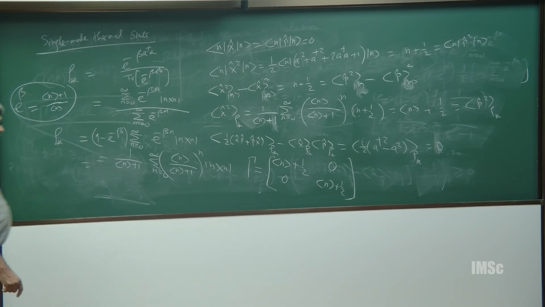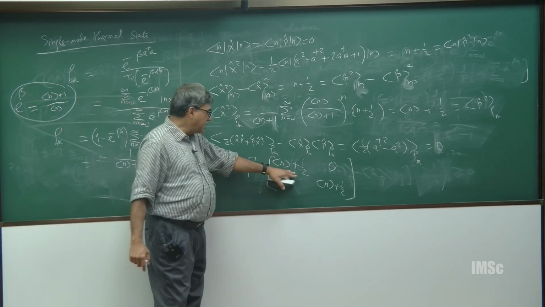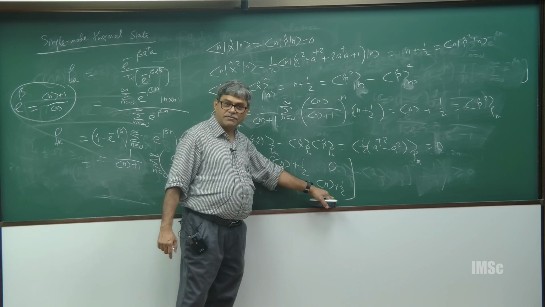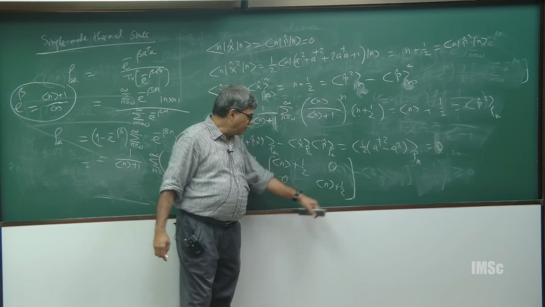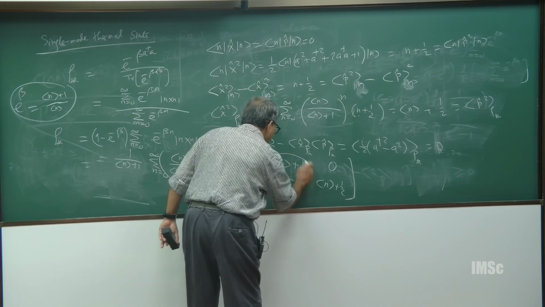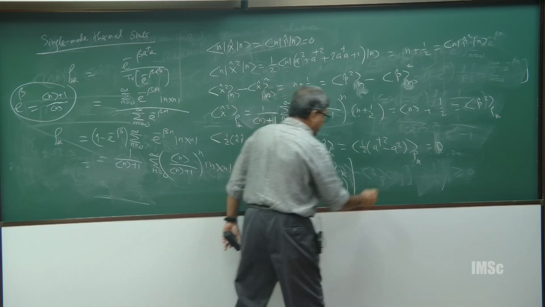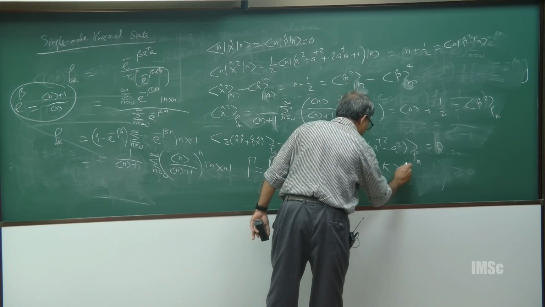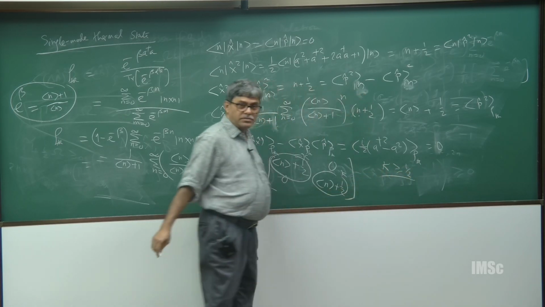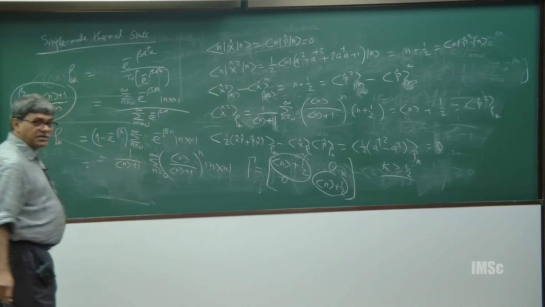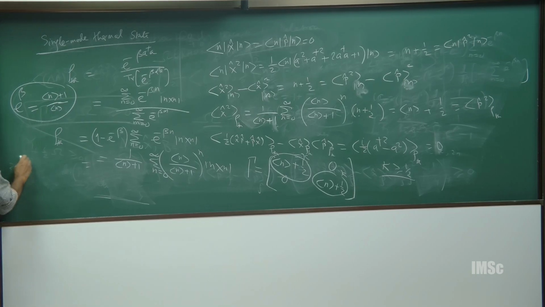So, therefore, this is always greater than or equal to half, and this is also always greater than or equal to half. So if I call it kappa, this is also kappa, then it tells you that kappa has to be greater than or equal to half, and this is nothing but the uncertainty relation that I mentioned, plus iota by 2 omega.